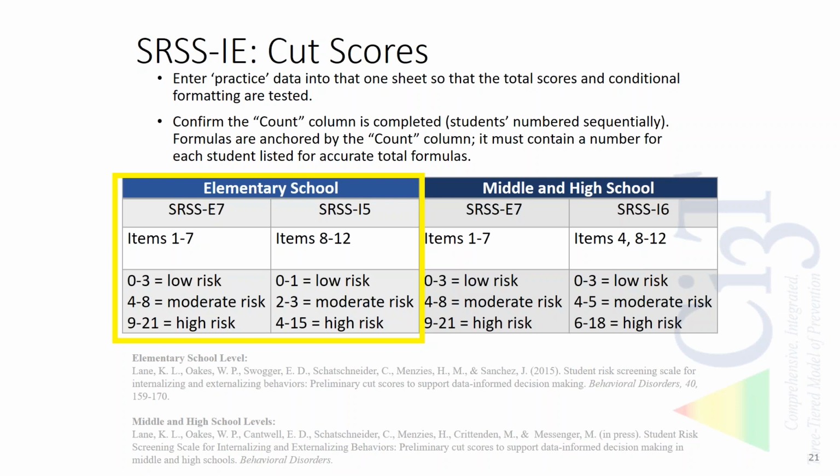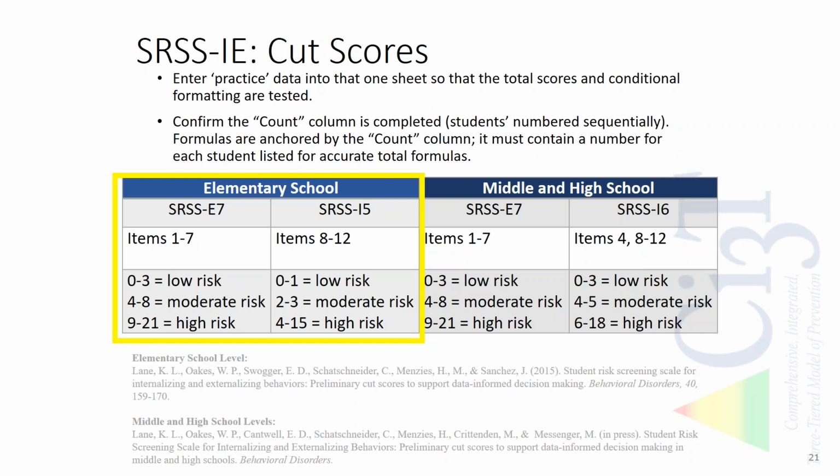The other 5 items are those that are reflecting internalizing behavior patterns. And you'll notice here that the range is really low for low risk. So 0 to 1 is low risk, 2 to 3 is moderate, and 4 to 15 is high, which means you need very little internalizing issues to suggest that there's a concern.